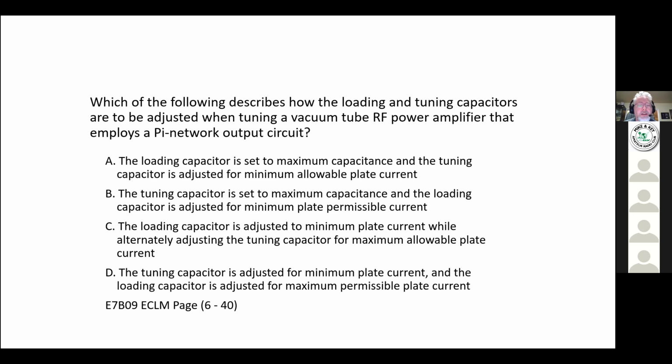B, the tuning capacitor is set to maximum capacitance and the loading capacitor is adjusted for minimum permissible plate current. C, the loading capacitor is adjusted to minimum plate current while alternately adjusting the tuning capacitor for maximum allowable plate current. Or D, the tuning capacitor is adjusted for maximum plate current and the load capacitor is adjusted for maximum permissible plate current.